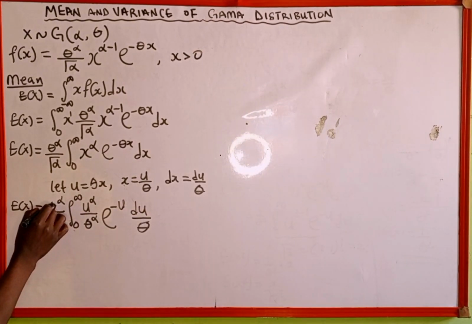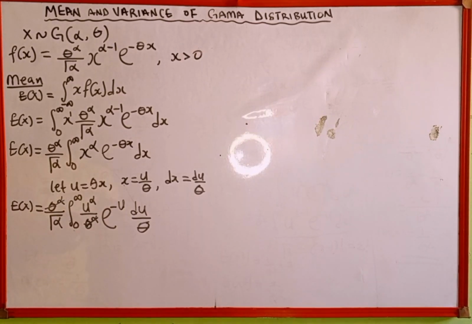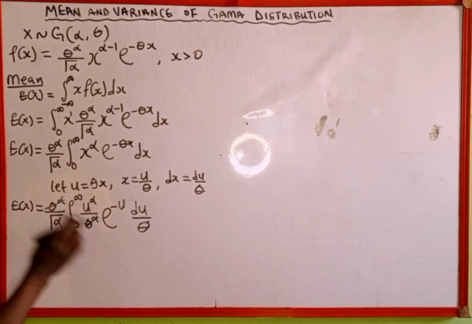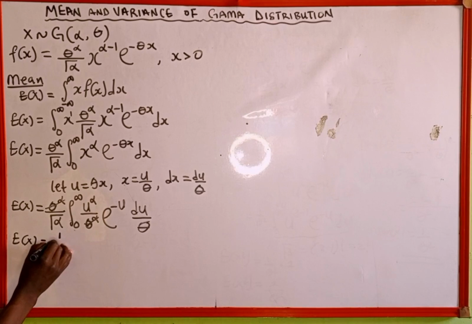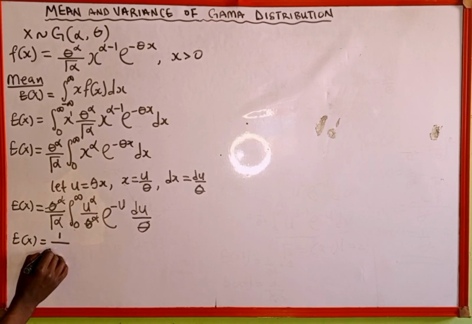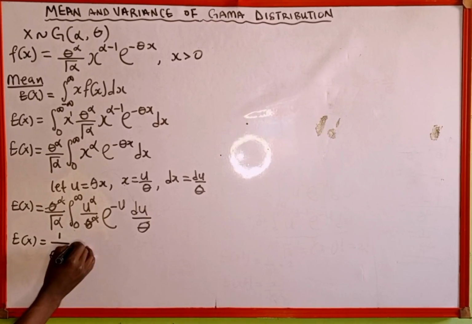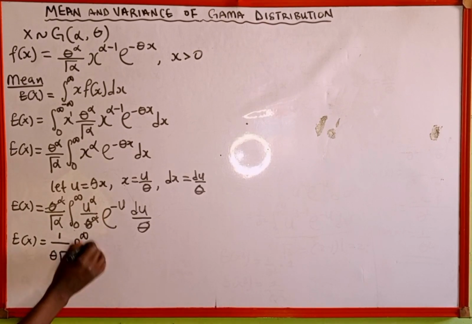Now this theta raised to the power of alpha cancels out the other theta raised to the power of alpha. We take the 1 over theta out, so we are left with 1 over theta, then gamma of alpha, then the integral from 0 to positive infinity.